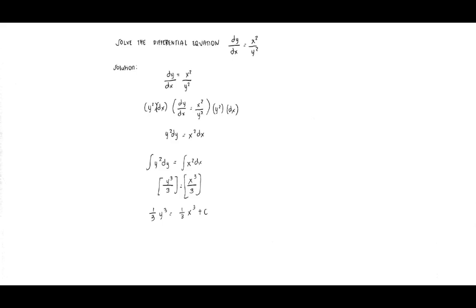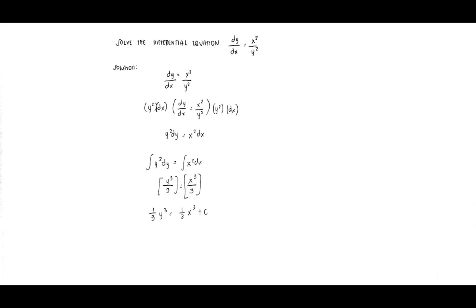In order for us to easily integrate this by their dy and their dx, it is easier to separate by multiplying y squared dx to both sides. So now we have y squared dy equals x squared dx.